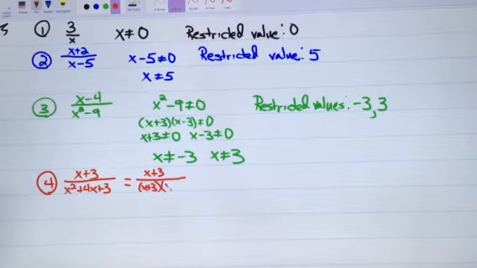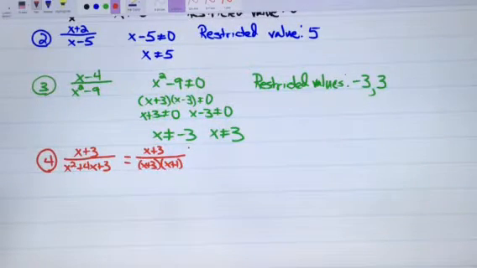So I have x plus 3 all over x plus 3 times x plus 1. Now, if I were to simplify completely, the x plus 3's would cancel out, but again, restricted values apply even before we have any cancellations involved.